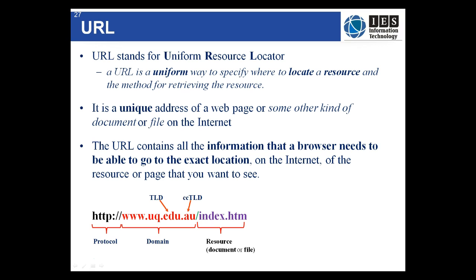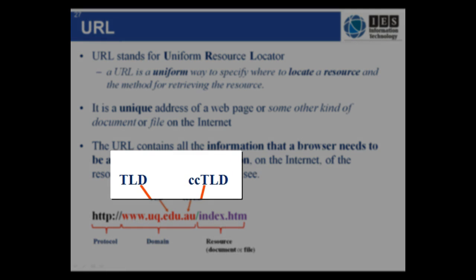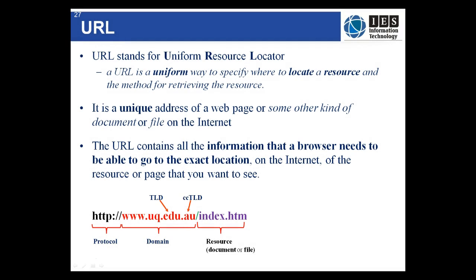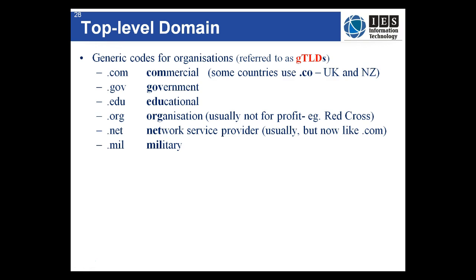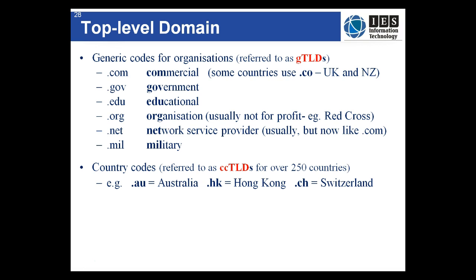You'll note that there are arrows pointing to parts of the domain labelled TLD and ccTLD. TLD stands for Top Level Domain, and ccTLD stands for Country Code Top Level Domain. Top level domains were initially used to show what type of organisation owned the computer. There's a generic list of TLDs on the screen.